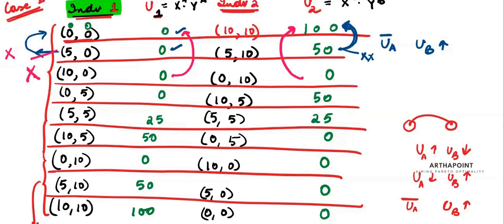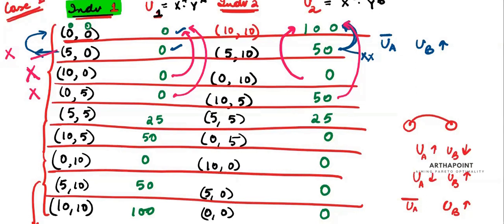So utility of A is unchanged when I go from this point to this point. Utility of B is increasing. So even if you're able to find one point where utility of one individual is not changing and the other's is increasing, it becomes a Pareto improvement point. So this is not efficient.